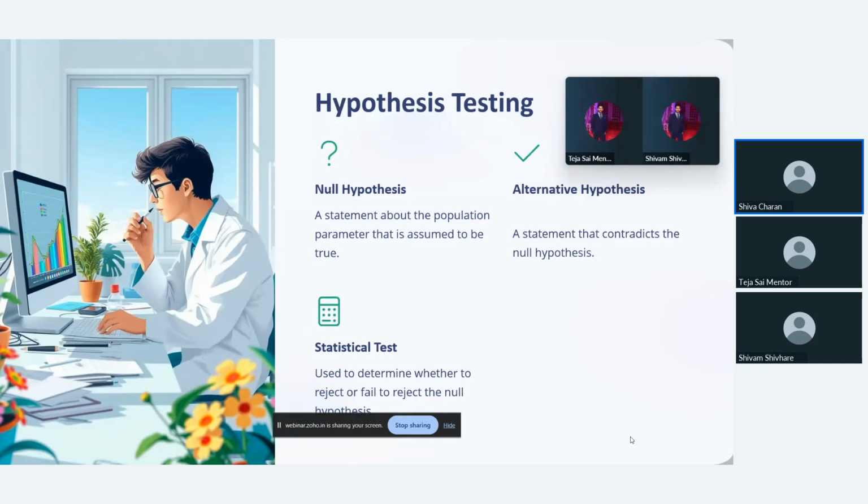This is a definition you can consider for hypothesis testing. It is used to determine whether to reject or fail to reject the null hypothesis. Fine. So this is about hypothesis testing.